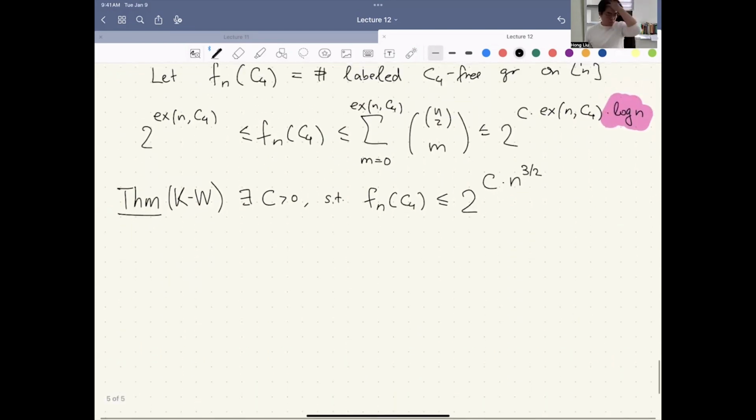So before proving it, let me briefly mention the history of this sort of counting problem.